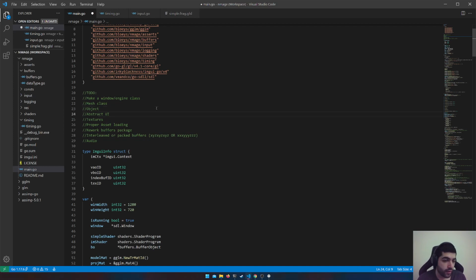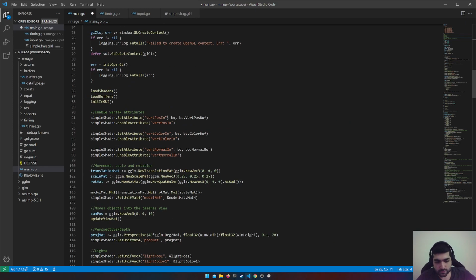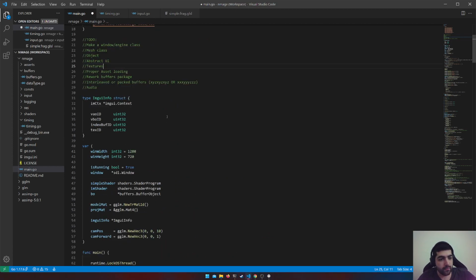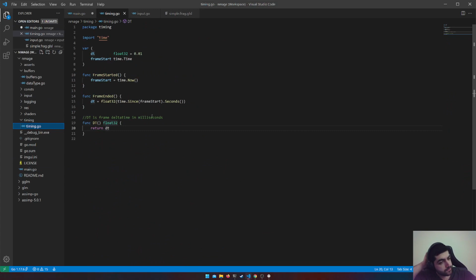Maybe some basic UI. Textures, if we're doing a really simple game, maybe we can hold on. But yeah, that's for next time. I think that's it for today. Small short session. I think we're done with timing. Did I forget anything? I don't think so.